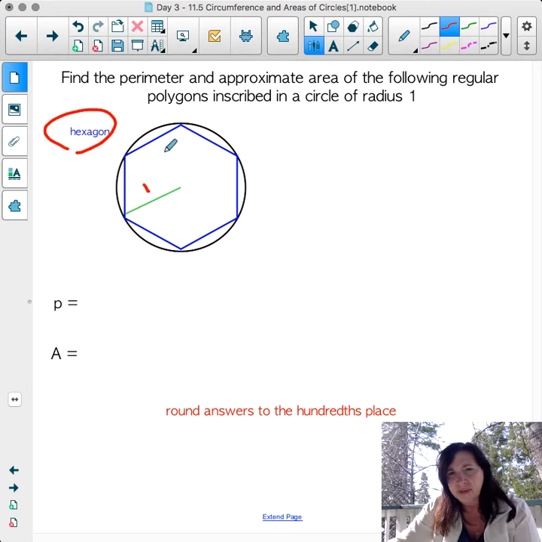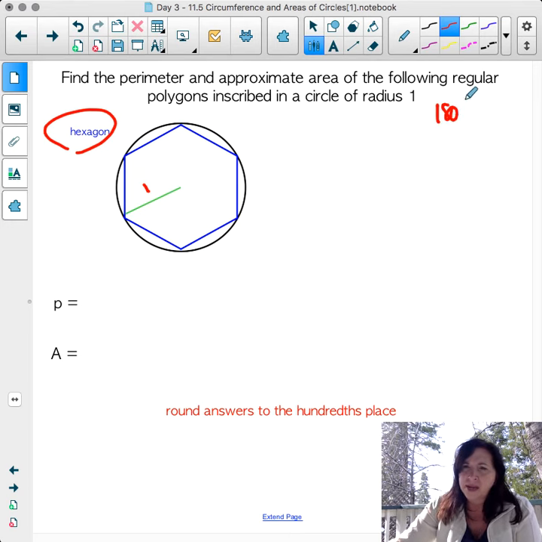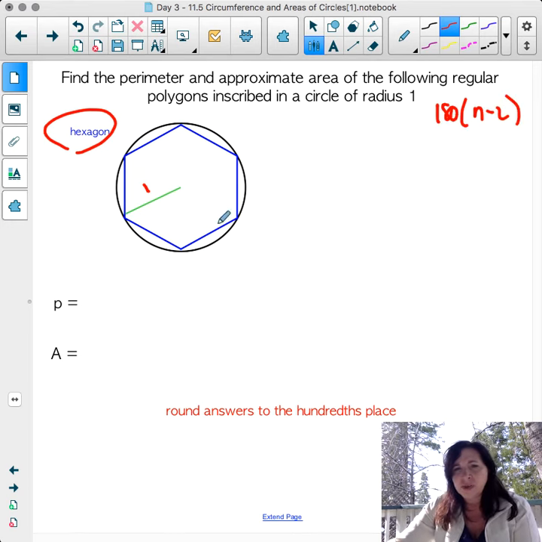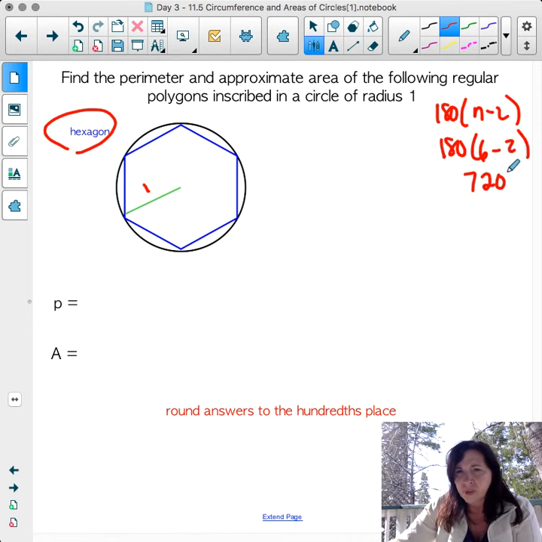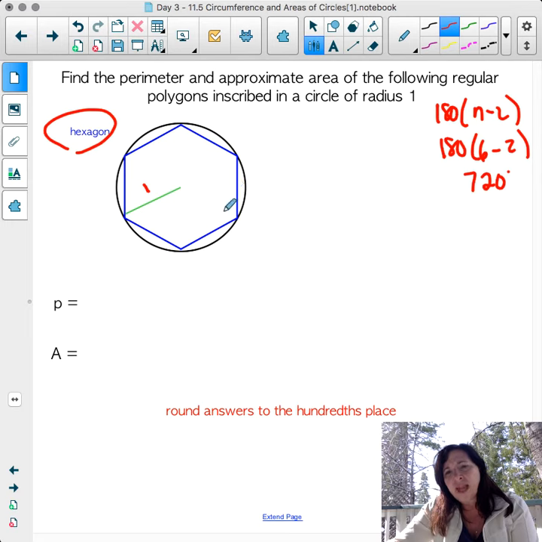Remember that the sum of the angles in any polygon would be 180 times n minus 2. So the sum of the angles in this polygon is going to be 180 times 6 minus 2, which is 4. 180 times 4 is 720 degrees. So the sum of all the angles inside here, and remember, they're all the same because it is regular, meaning all these lengths are the same.